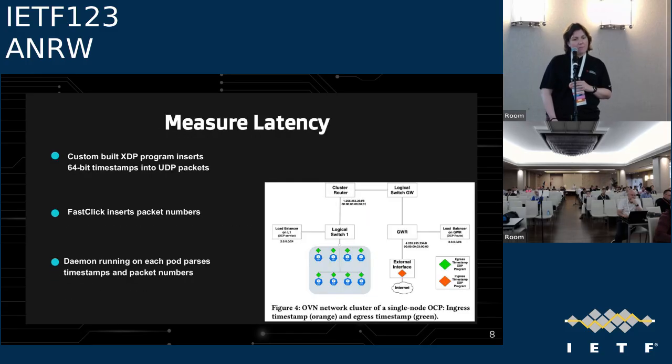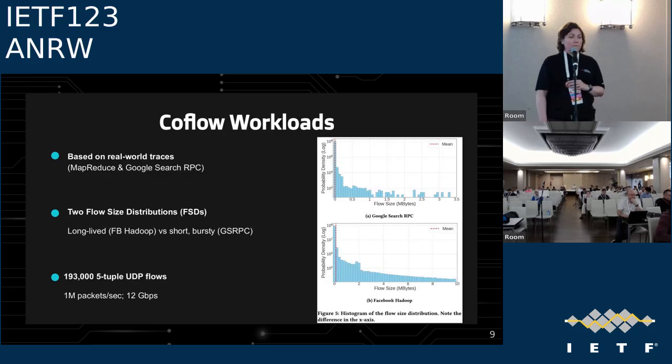But maybe the picture is more interesting here, where we have the ingress and the egress timestamp in the environment. For the traffic, as I said, clusters have very different traffic profiles. We have very frequent and very small, lots of HTTP requests coming into these environments.